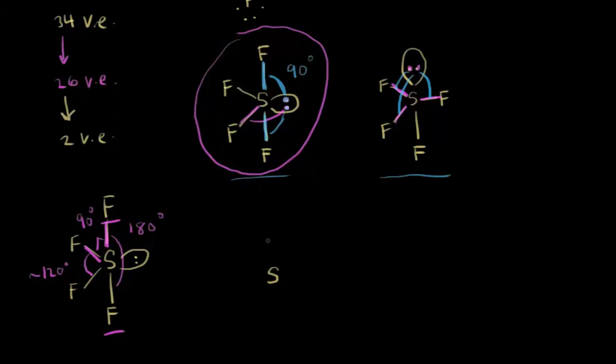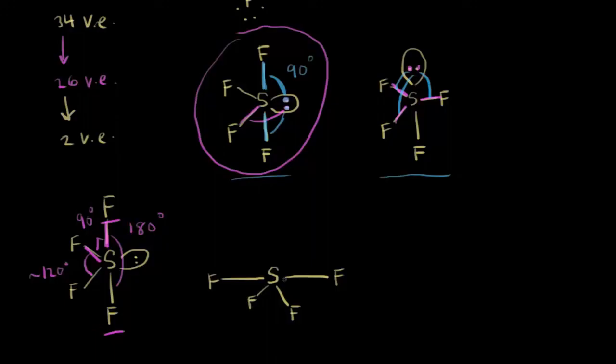If we turn it on its side, the axial fluorines would now be horizontal. So these are the two fluorines that used to be axial, and my two fluorines that were equatorial would look something like this. It helps if you actually build this molecule with a molymod set. So that's what the molecule kind of looks like here.